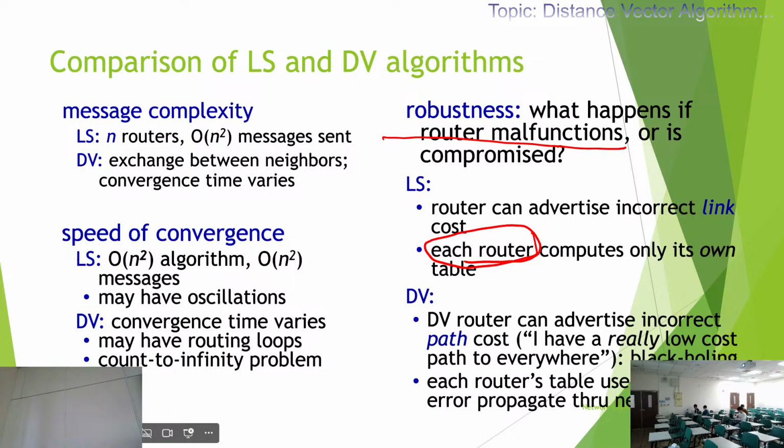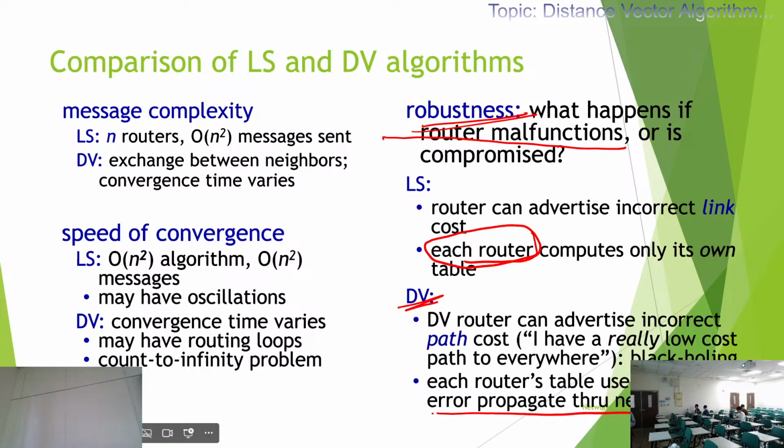So you see, regarding robustness, distance vector will propagate the error to the entire network. So if anything is wrong with the information, DV will get worse, even worse than link state.